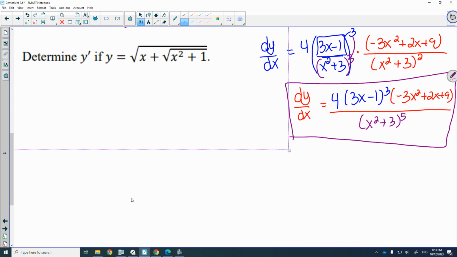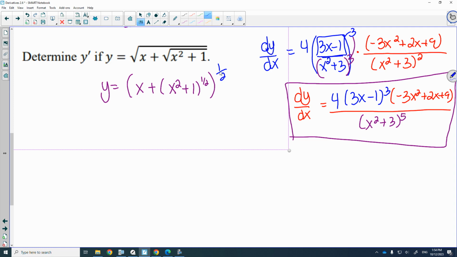Okay, so this last one, let's rewrite this. y is equal to, take everything out of its radical, so x plus x squared plus 1 to the 1/2, and that's all to the power of 1/2. You could do the chain rule right from the beginning.